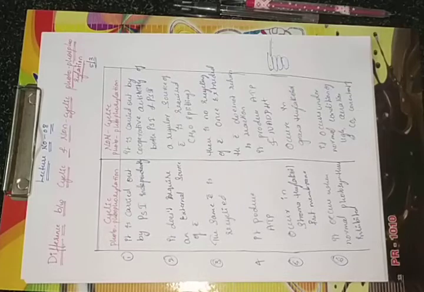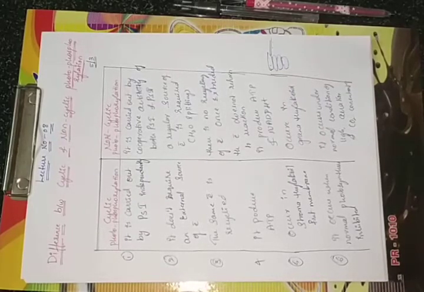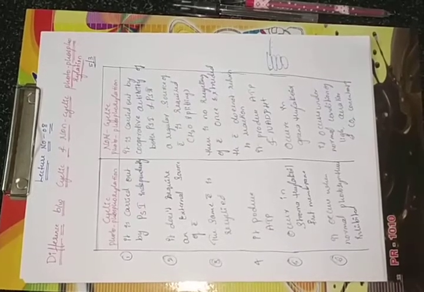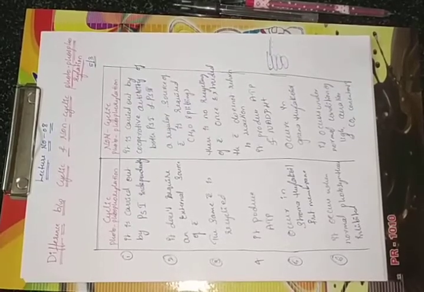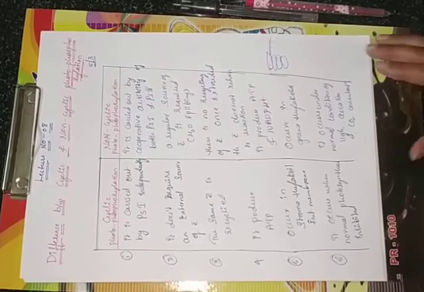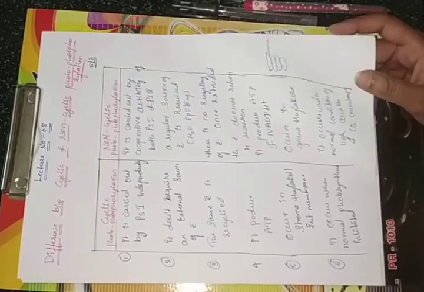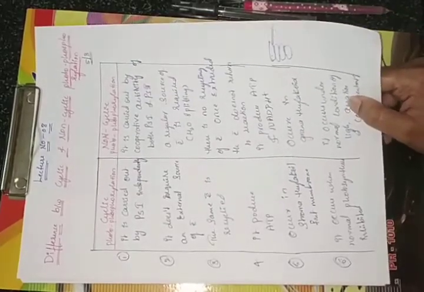I hope you can make very good use of these differences, children, because from a theory point of view it is important, and for MCQ also it is important. Next, let us talk about a small concept, that is chemiosmotic hypothesis.